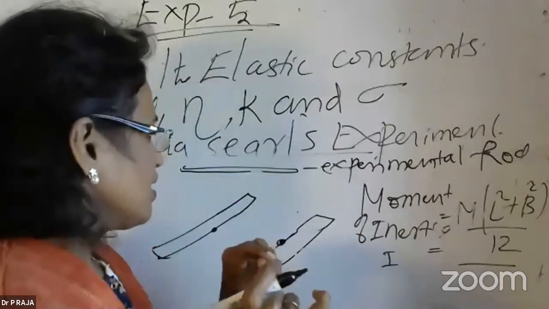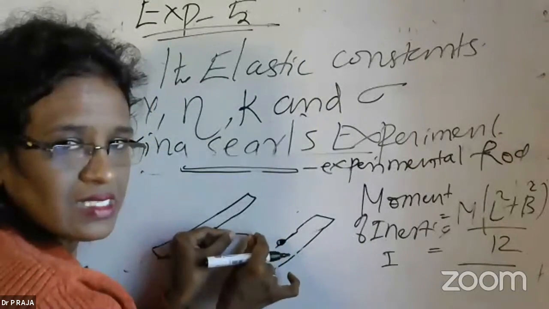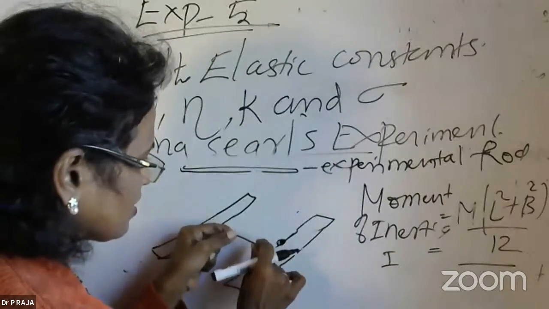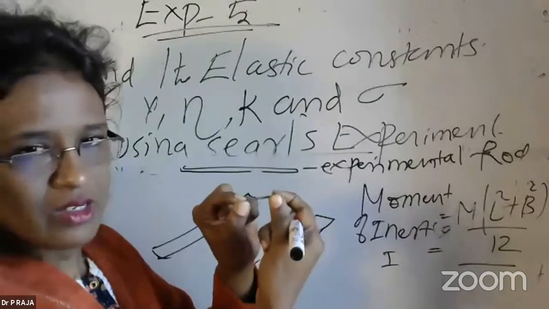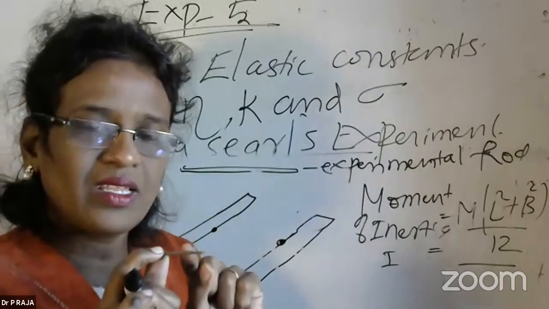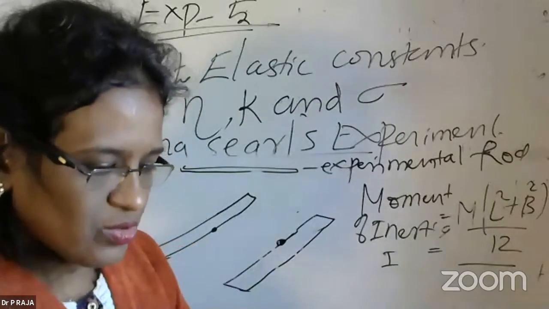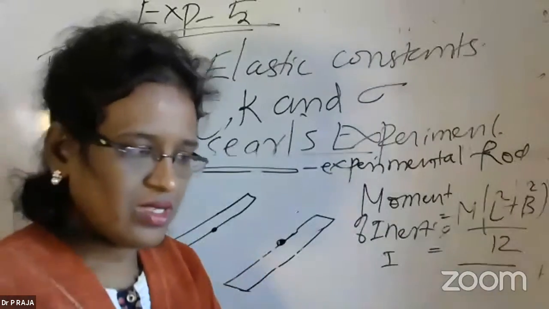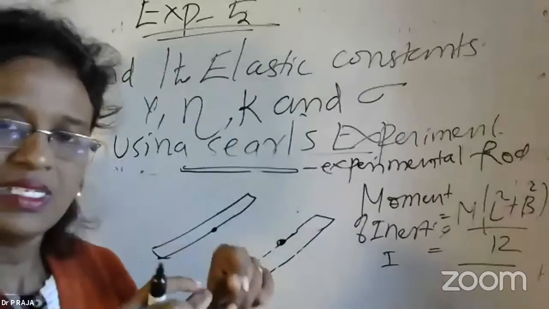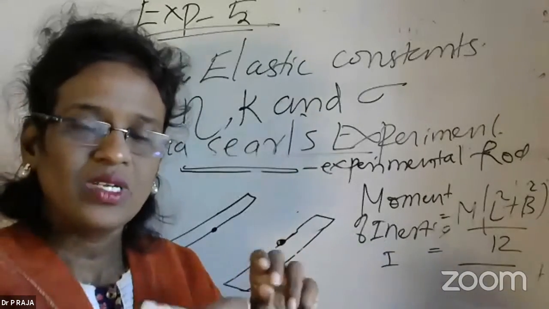And then that will be fixed in between. Imagine that I'm fixing this, and for this wire rod, I'm asking you to find the modulus of rigidity and the Young's modulus. But it is flexible, not a very hard one. It can twist, it can also be bent.